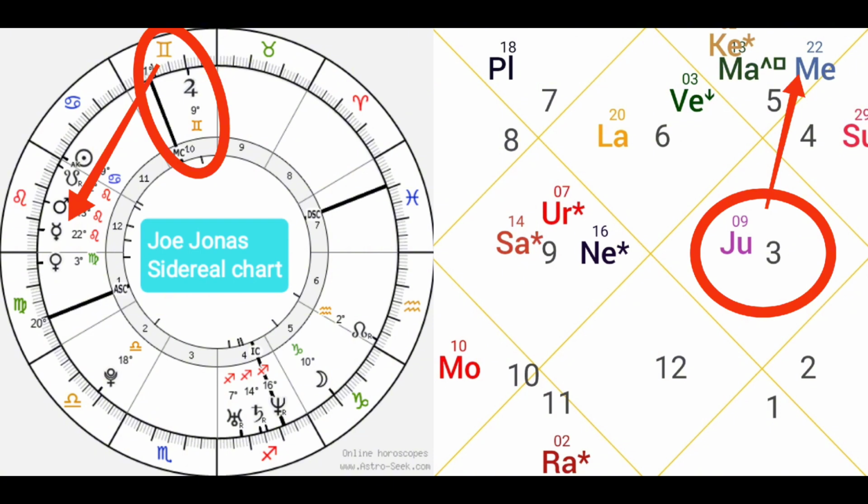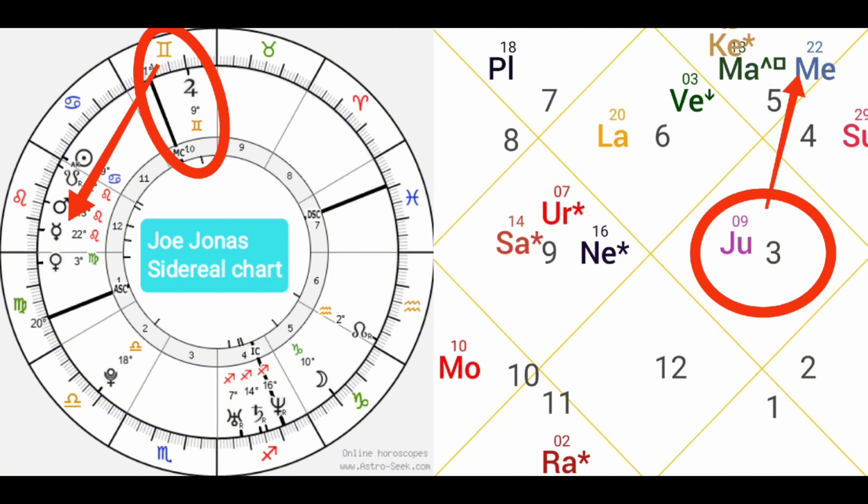Now, what's important in determining if these placements, especially when they get activated, determine that you will travel for work or not, all comes down to the timing of it. Because when you use timing in astrology, especially with the help of transits, you would know, okay, this time period this placement is activated, so let's see if the transits show traveling.